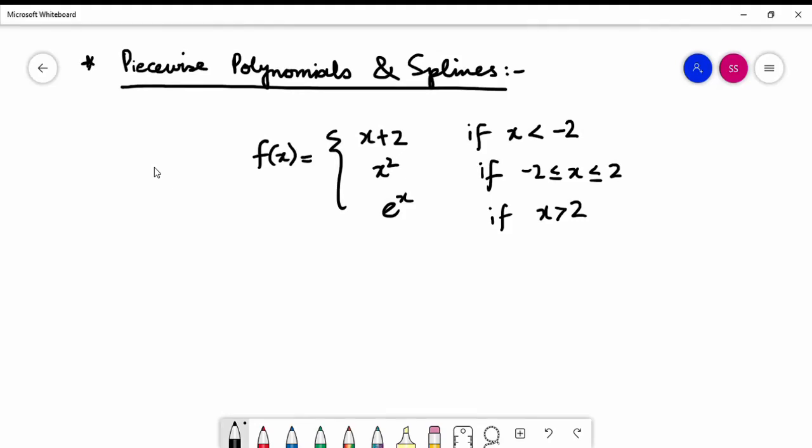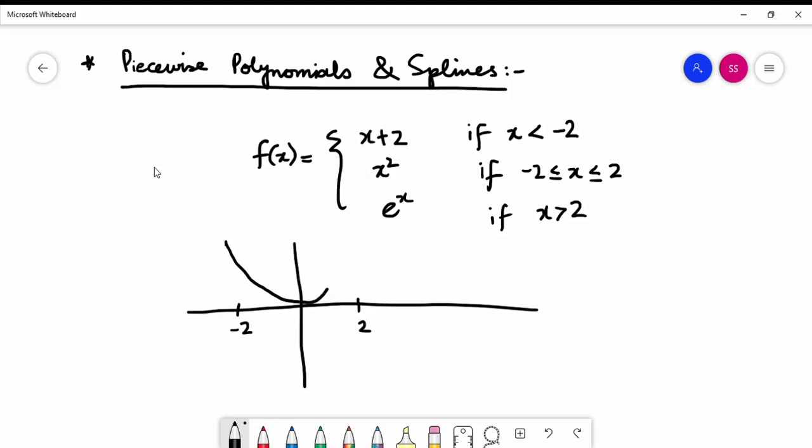If I plot the graph, taking an origin, with minus 2 and 2 marked, then between them it is x squared, which is basically a parabola. But x plus 2 is simply a straight line.